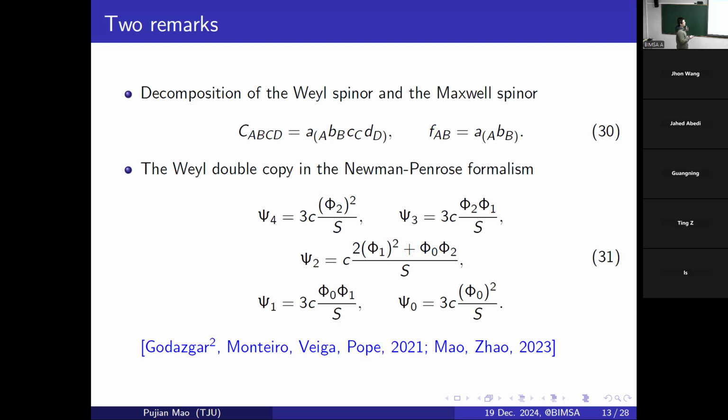This spacetime must be either type D or type N, because if it's algebraically general, you will have AB, right? That's type D spacetime. If this is algebraically special, namely you have A, here you will have 4A, that's type N. So if you want your Weyl double copy relation based on the identical Maxwell fields, namely the same FAB, then the gravity solution of the spacetime must be either type D or type N.